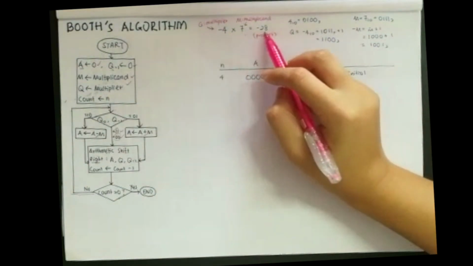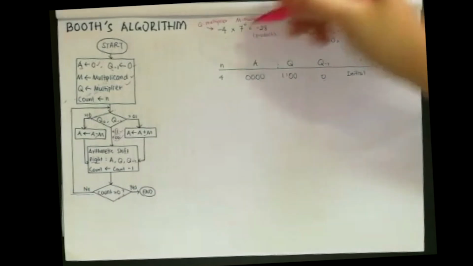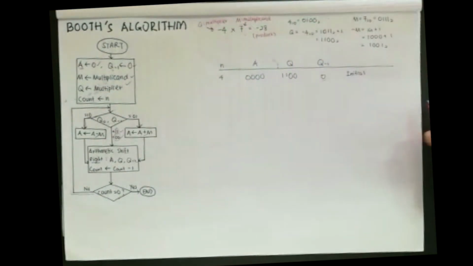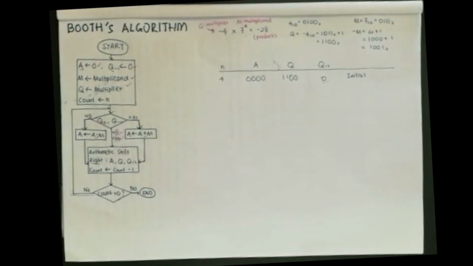First, the multiplier -4 and the multiplicand are placed in the Q and M registers respectively. There is also a 1-bit register placed logically to the right of the least significant bit Q0 of the Q register and designated Q-1. The result of the multiplication will appear in the A and Q registers.